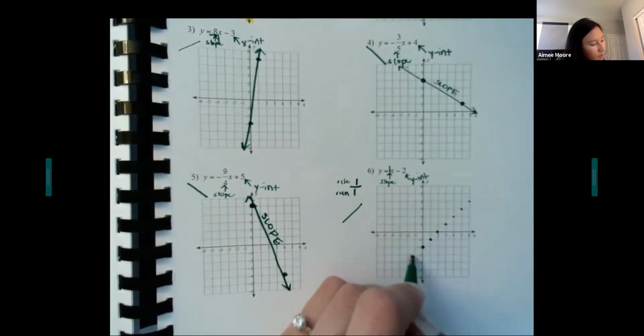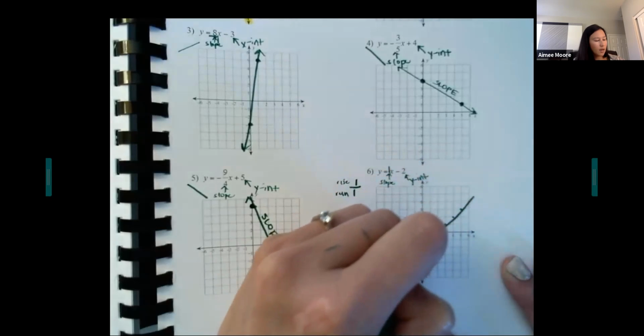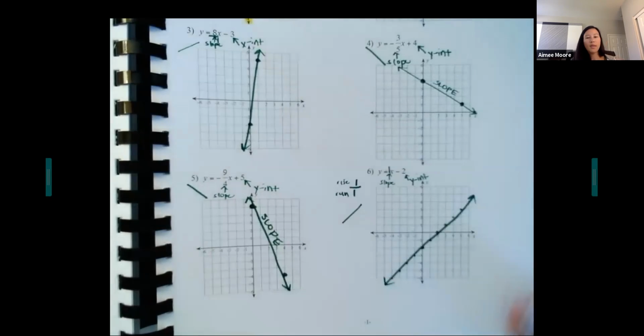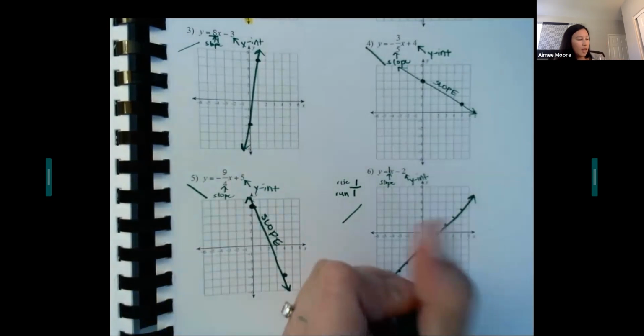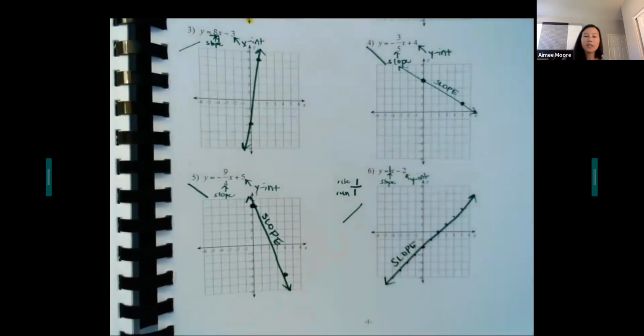We can also go down 1 and left 1. Down 1, left 1. And then we just connect the dots. And we write slope to make sure that we graphed a positive slope, and we did. It's going up. So we know we graphed in the right direction.